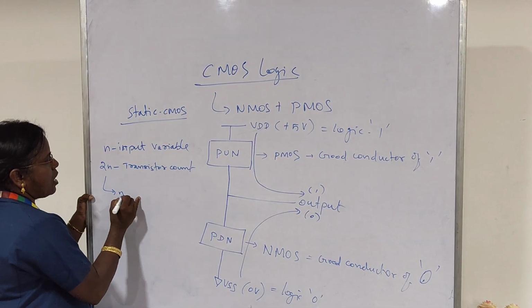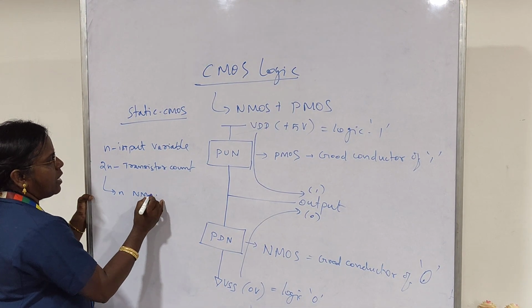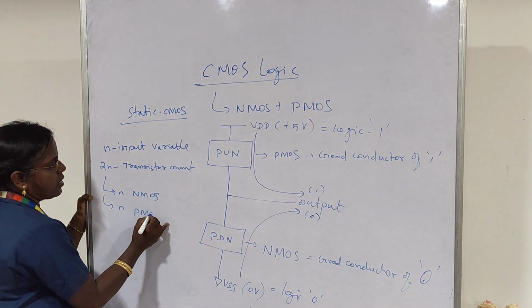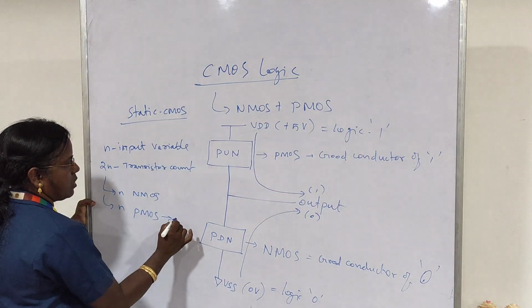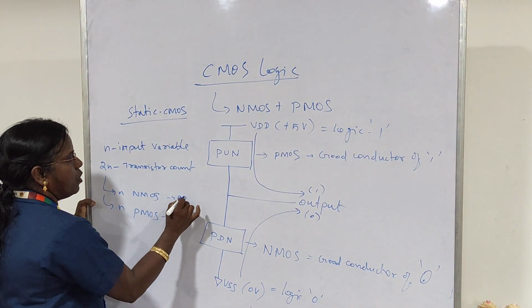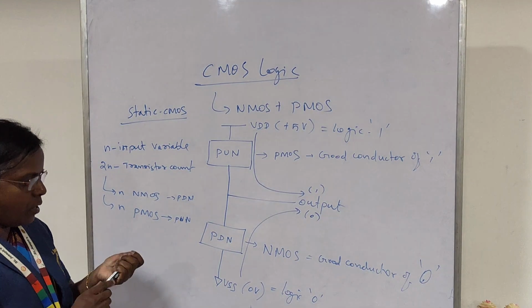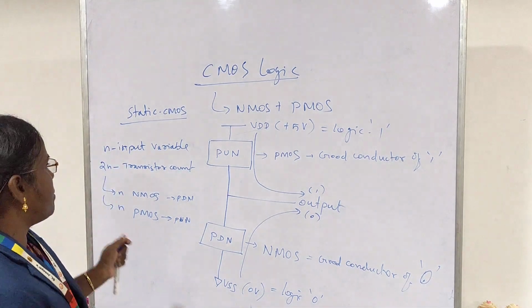In this, n number of NMOS transistors we have to use for the pull down network, and n number of PMOS transistors we have to use for implementing the pull up network. So in this way, based on the number of input variables, we can use the transistors in the implementation.